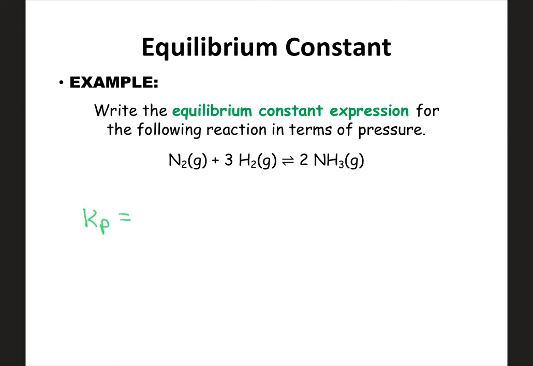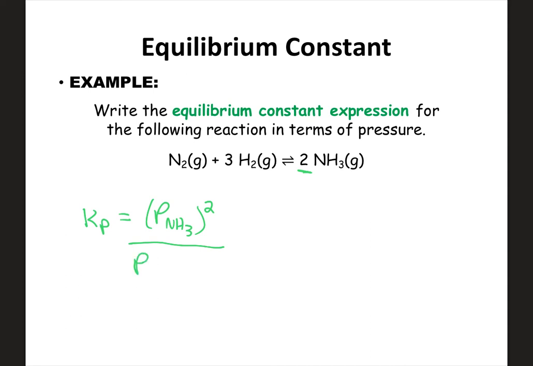So when we do this, it's going to be products over reactants. I know they're all gases, so they're all participating here. So this time it's not a concentration, it's going to be the pressure of NH3, and it's going to be squared because of the coefficient in front of it in the balanced equation. So that's my product, all over the reactants.